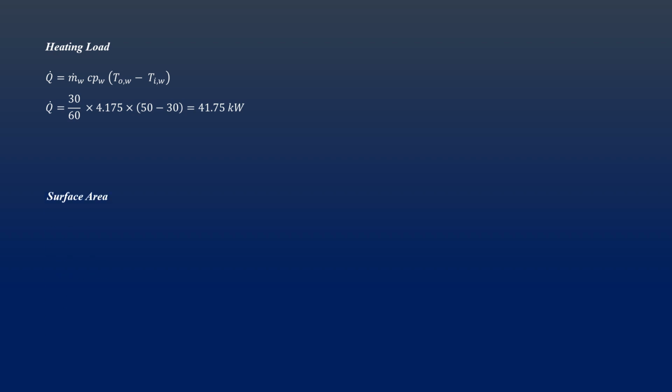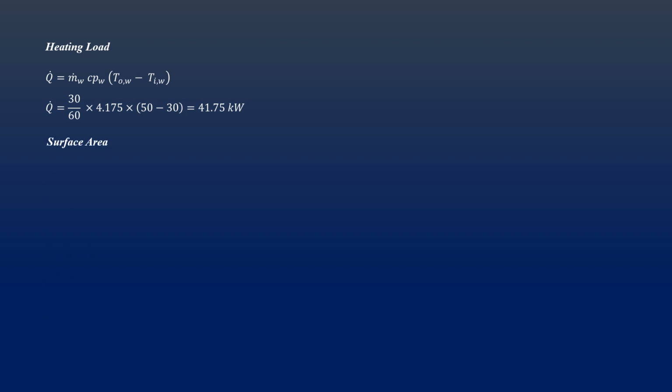Continue with the calculation. Then the second step is to find the heating load of the heat exchanger. Q dot equal m dot Cp delta T. This is for water. And we have the flow rate 30 kilogram per minute. And we have Cp water and delta T water. Then the overall heating load equal to 41.75 kilowatt.